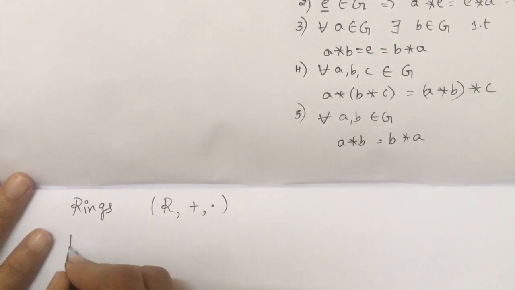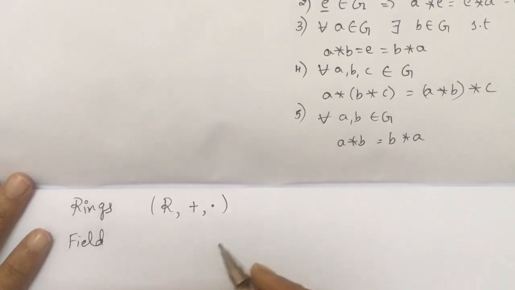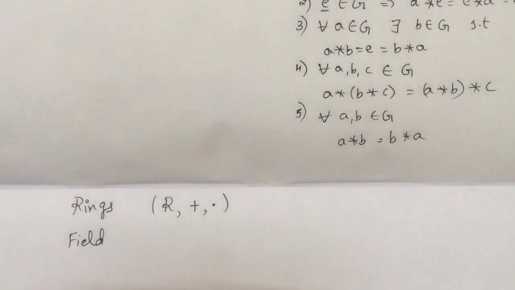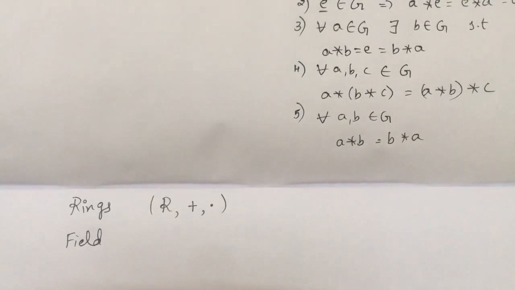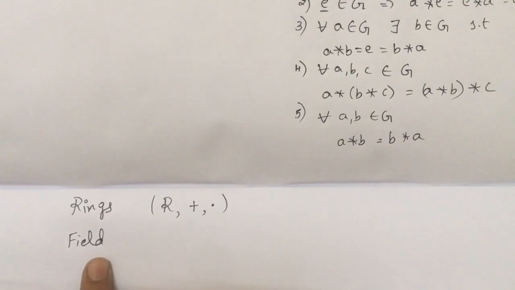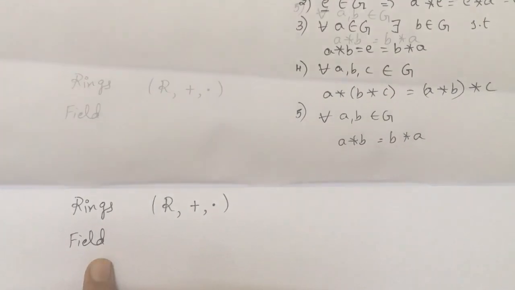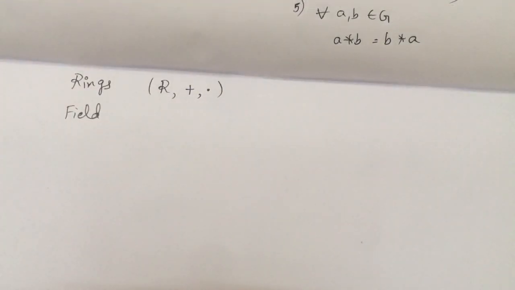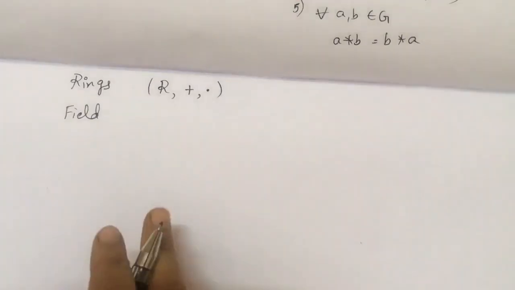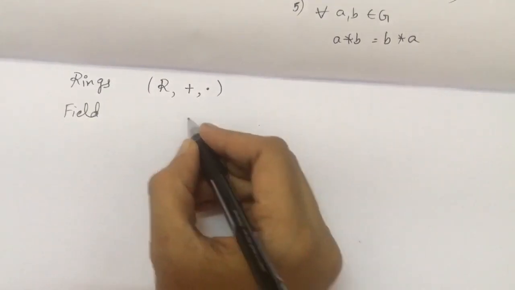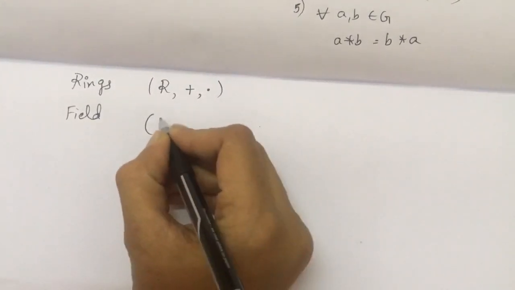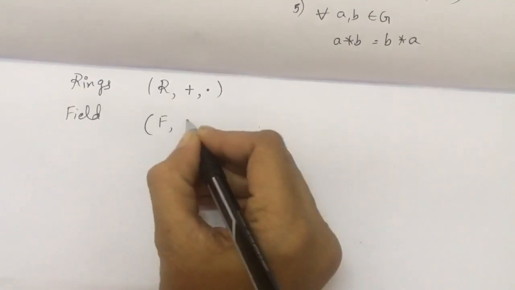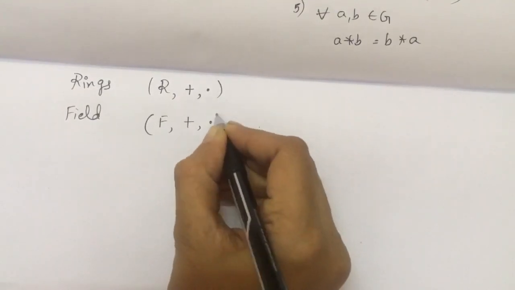Even in the case of fields, what is a field? In fact, a vector space is always defined over a field. That field can be the real numbers or the complex numbers. A field is a non-empty set. In fact, it should have at least two elements, one identity element for multiplication and another identity element for addition.